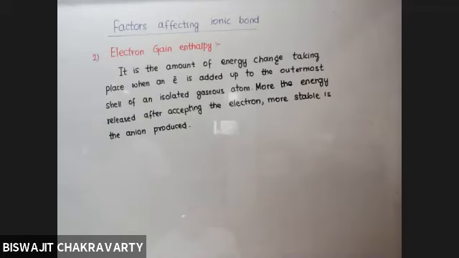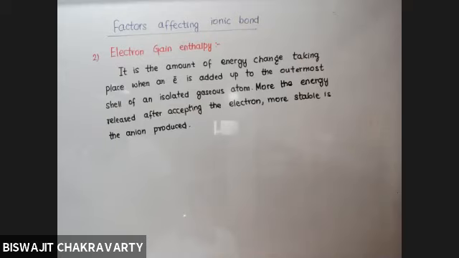Okay, so greater the amount of energy released, more stable will be the anion produced, and therefore favorable condition number two, number one was low ionization enthalpy as far as the metal was concerned, and favorable condition number two is more negative electron gain enthalpy, or more amount of energy released when electron is added up. If you want to form an ionic compound, you must have a stable cation and stable anion.